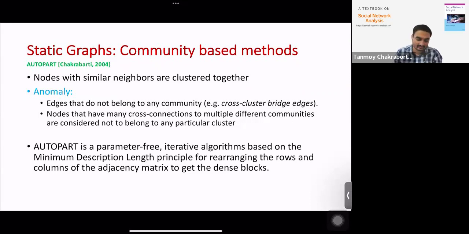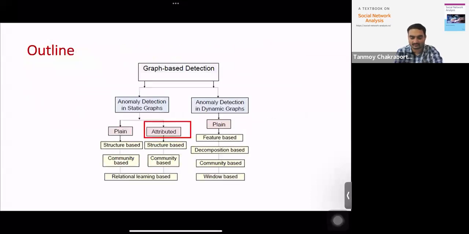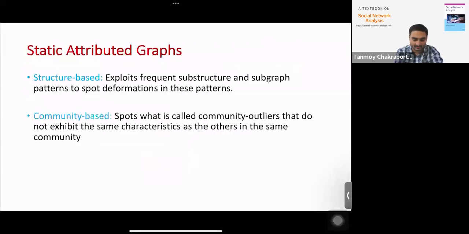And this algorithm, AutoPart by Chakrabarti in 2004, was again one of the interesting papers. We looked at an information theory approach, random walk with restart, and then minimum description length to identify anomalous nodes.